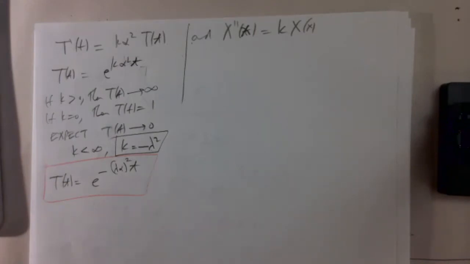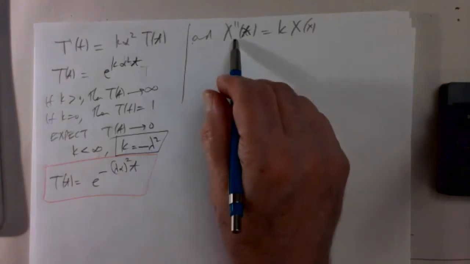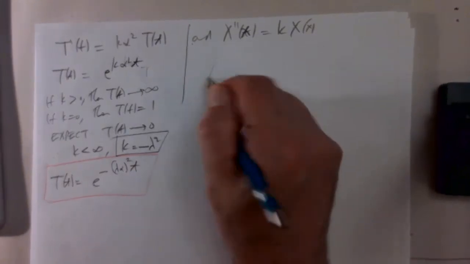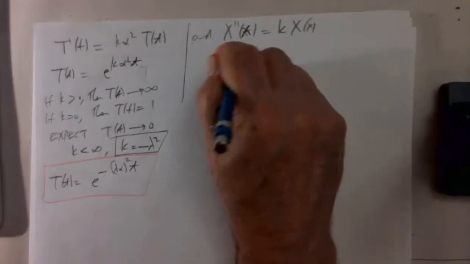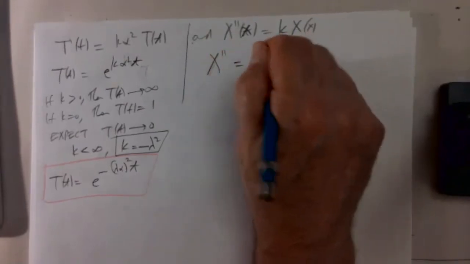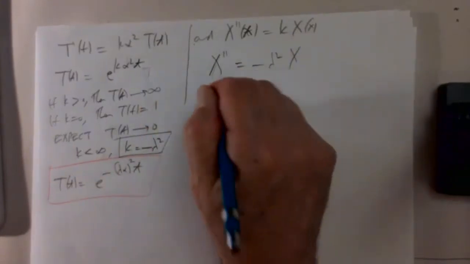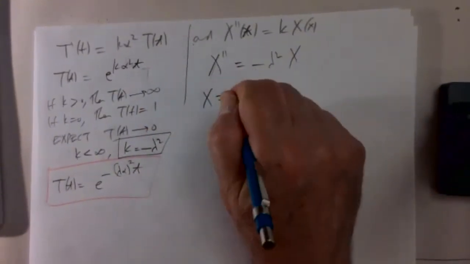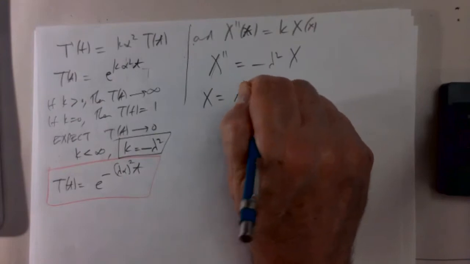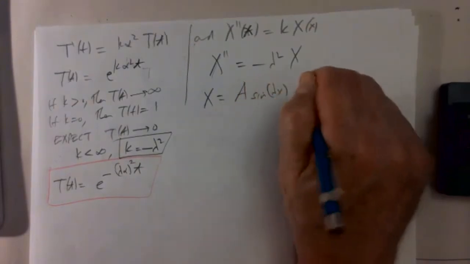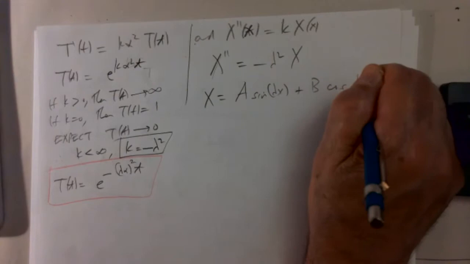Okay. Now, what about the function capital X? So we have X double prime equals k X, which is minus lambda squared X. And we know the solution of this equation is X equals a times the sine of lambda x plus b times the cosine of lambda x.